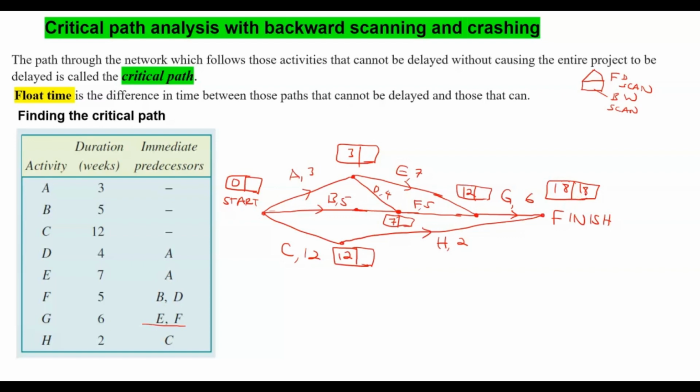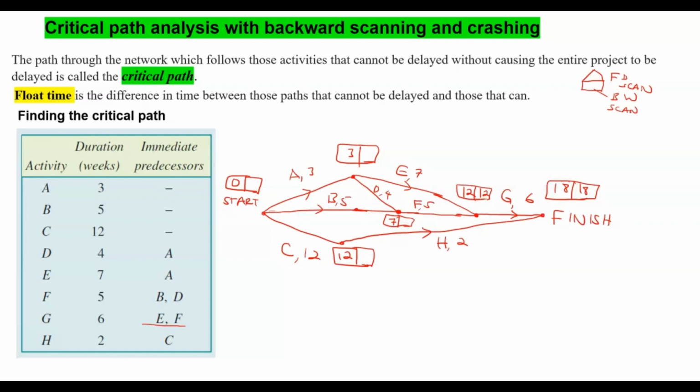Now we're going to do the backward scanning. The backward scanning is just subtracting backwards. So 18 minus 6 will be 12. You put 12 there. That box was what was missing. And we have also another way. The other thing is you can also say that 12 minus 5 is going to give me 7.